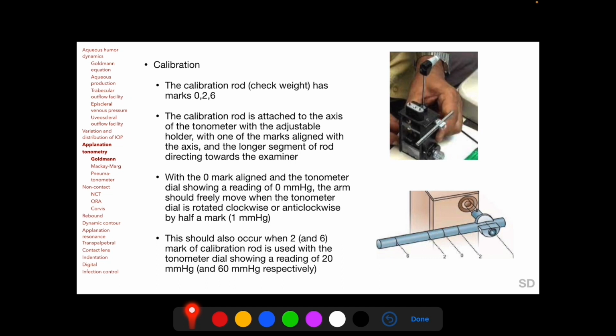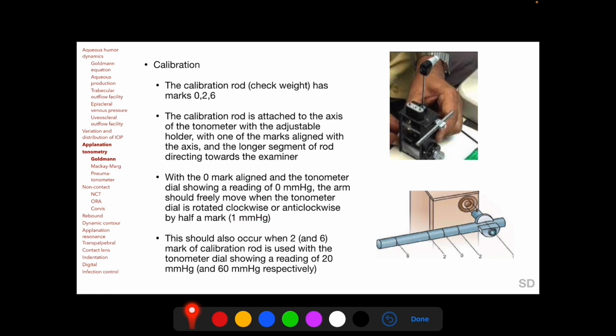When the zero mark is aligned with the axis of the tonometer and the dial shows a reading of 0 mm of mercury, if the calibration of the tonometer is adequate, the arm of the tonometer should freely move forwards and backwards when the dial is rotated clockwise or anticlockwise by half a mark, that is 1 mm of mercury.